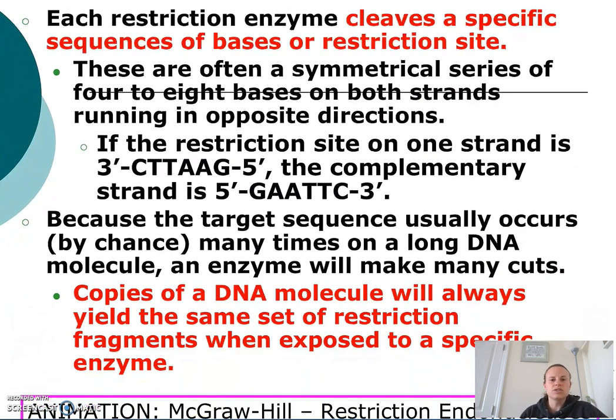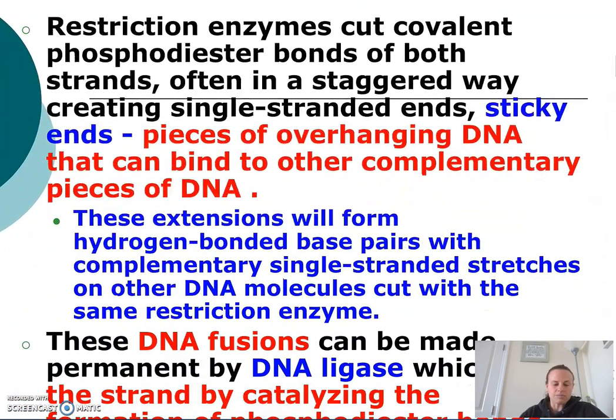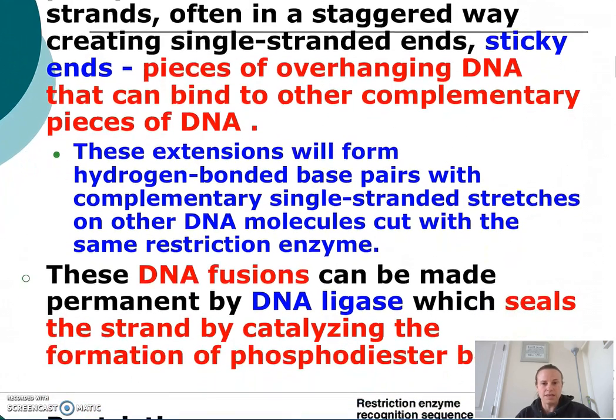So each restriction enzyme will cleave at a specific sequence of bases, where this unique sequence is known as a restriction site. When these restriction enzymes cut the DNA, what they form are called sticky ends. They are pieces of overhanging DNA which then can bind to other complementary pieces of DNA, and then the various pieces can be fused using DNA ligase.